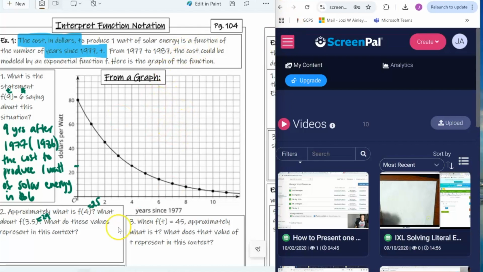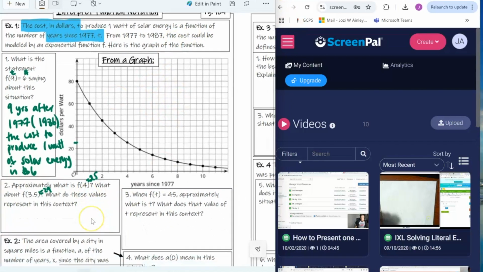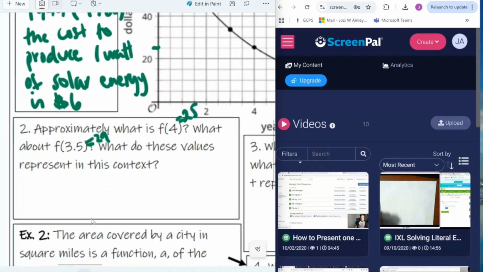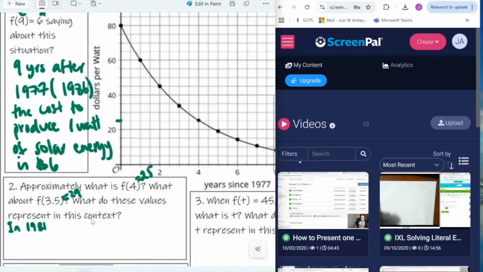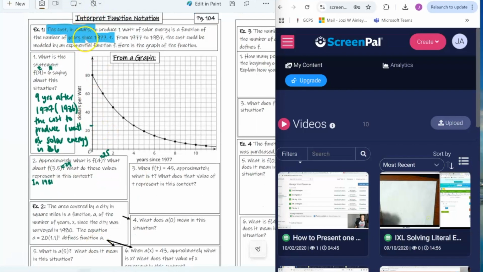What do these values represent in context? So let's put this sentence down. We're going to write both of them at the same time. So what does this mean in context? It means in 1981, which is 4 years after 1977. So this is the years since 1977 plus 4. So 77 plus 4 is 81.